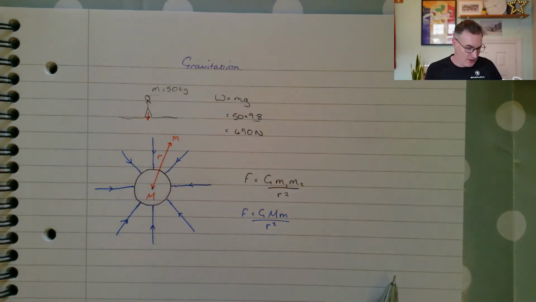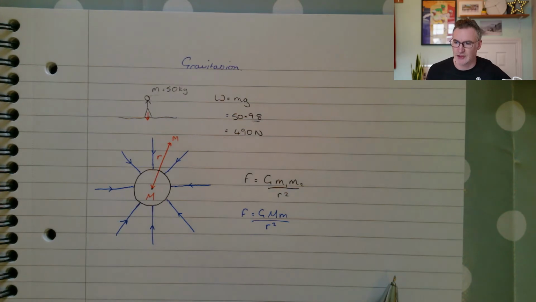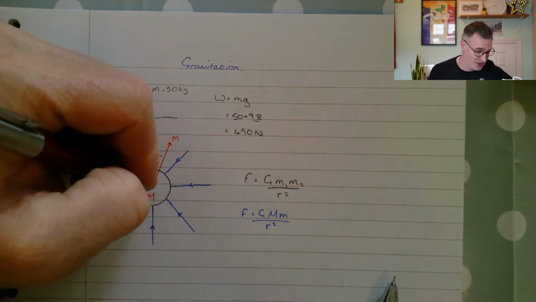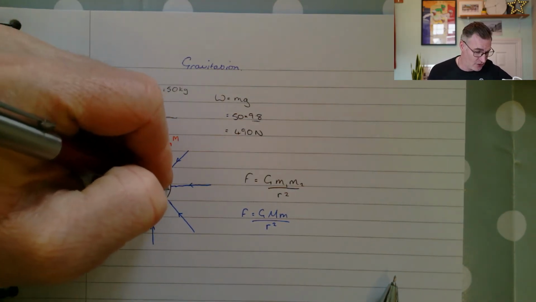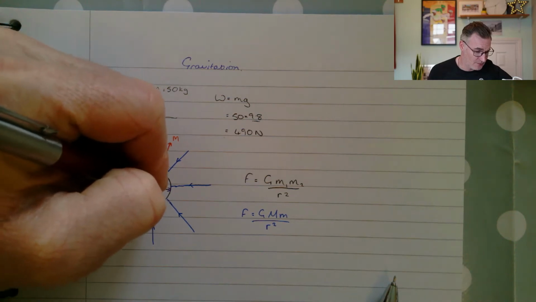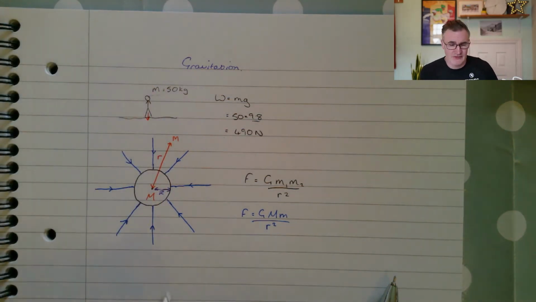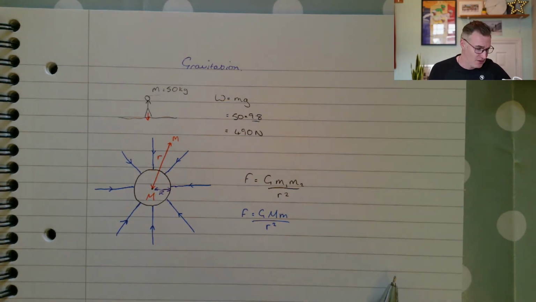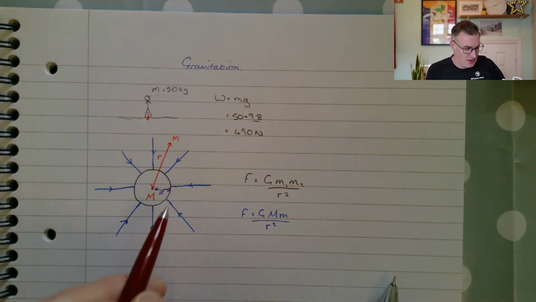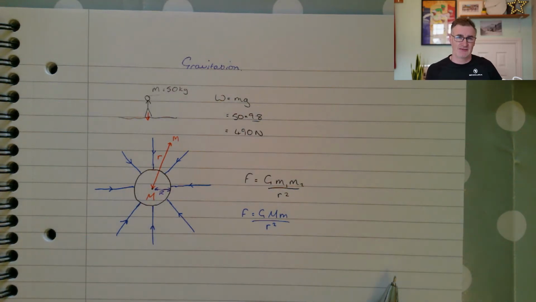Again, be careful with questions that refer to altitude or height above a planet's surface, because r is the radius measured from the centre. If it just gives you a height, say 36,000 kilometers above the Earth's surface, then you'll have to add the radius of the Earth on top of that as well. Okay, so that is Newton's inverse square law of gravitation.